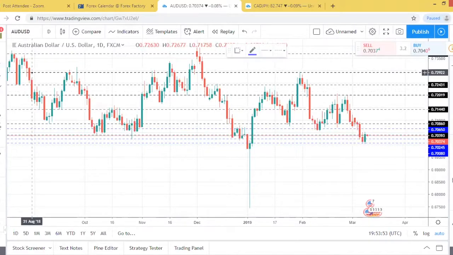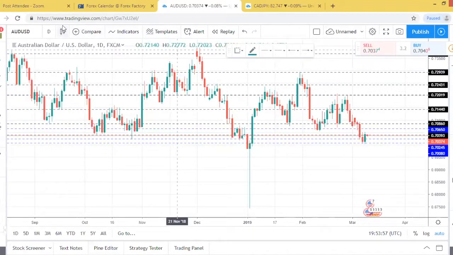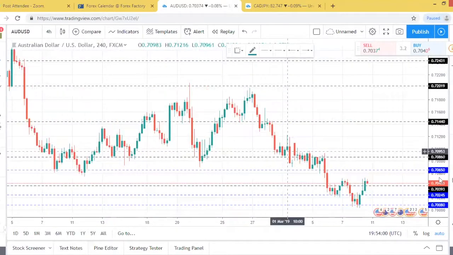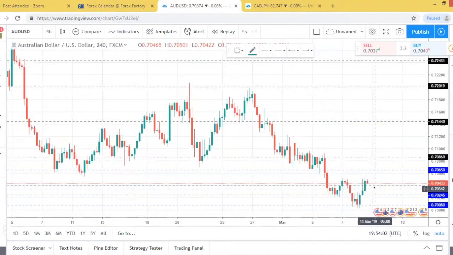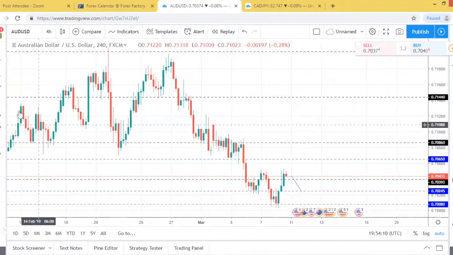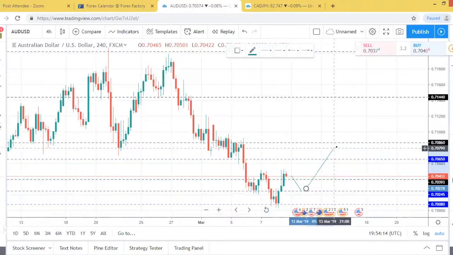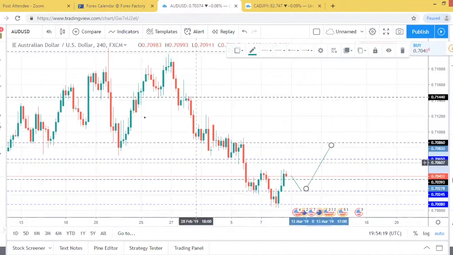So ultimately, guys, what I'm expecting to see with the Aussie dollar is something like this. I'm expecting maybe a move back down here to that 70.20 level, and then movement back up towards that 70.80.